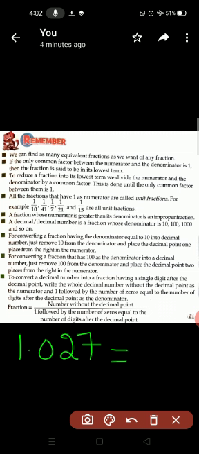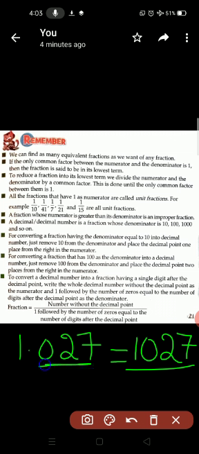First of all, write the given number without the decimal point as its numerator, 1027, and for writing the denominator, you should count the number of digits which are present in the decimal part. Here we have 3 digits, 0, 2, 7. So you should write 3 zeros followed by 1 as the denominator. This is the way to convert a given decimal into a fraction.